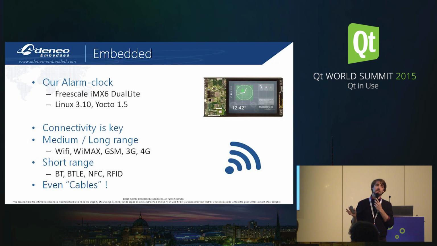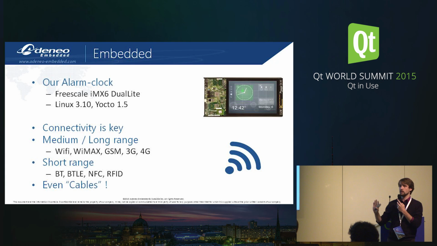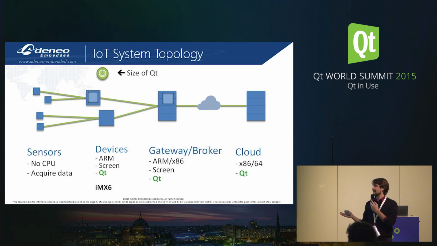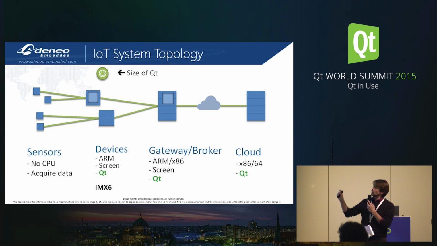So what's the topology of an IoT system? It looks more or less like this. It's quite generic, so it doesn't fit all needs, but that's the idea. You have the lowest elements, the smallest ones, which are the sensors. Usually here you have no CPU, just a microcontroller. One of its roles is to do data acquisition, and they are very small, as you can see.